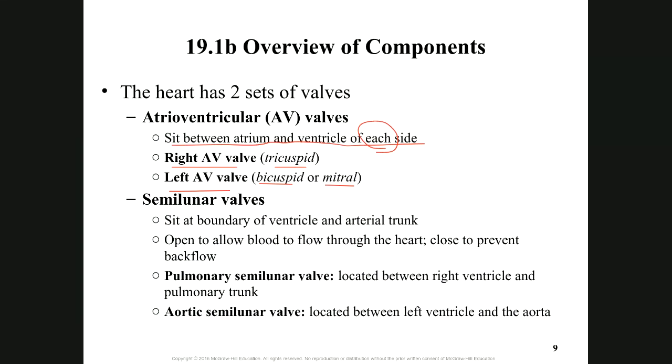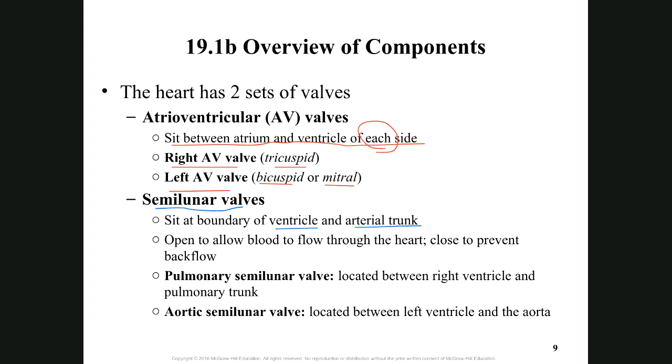And we have the other group of valve, which we call semilunar valve. The semilunar valves are the valves which are located between our ventricle and the arterial trunk. Do you remember pulmonary trunk and aorta? It means that the semilunar valves are located, one of them, between right ventricle and pulmonary trunk, and the other one is located between left ventricle and aorta.